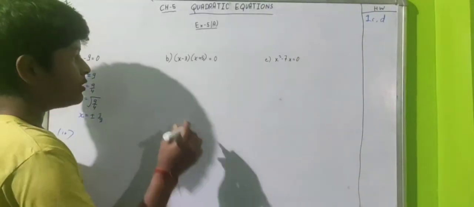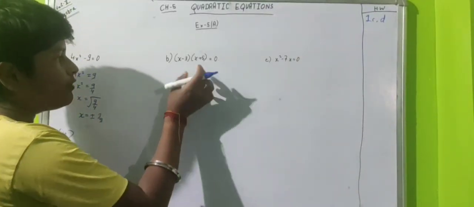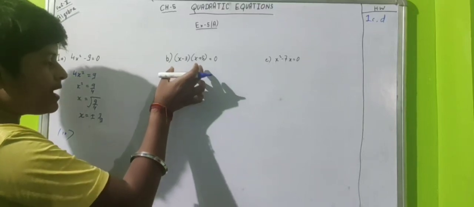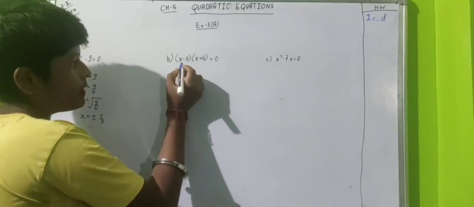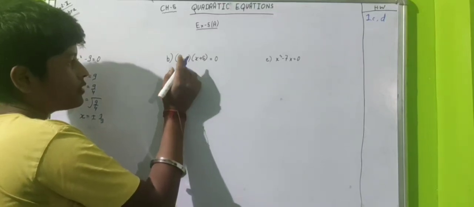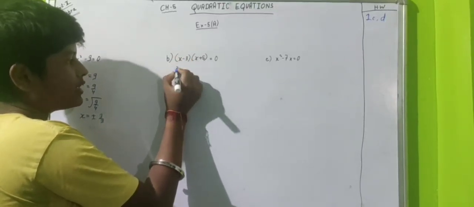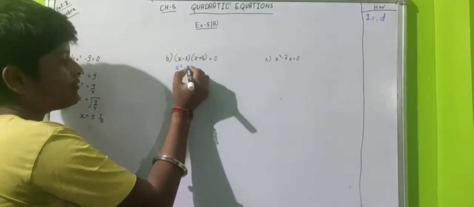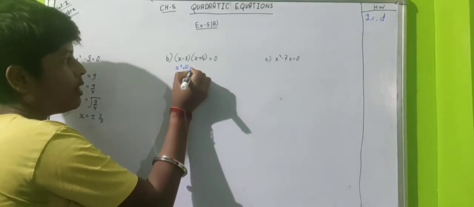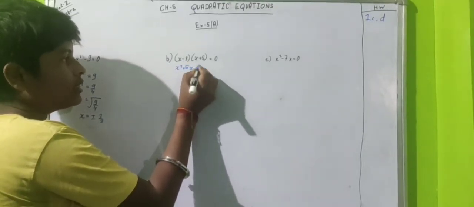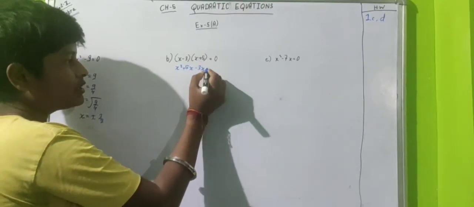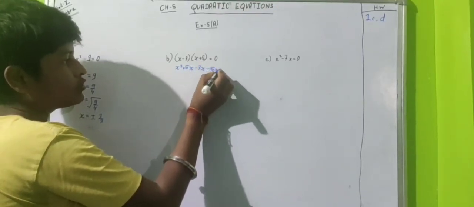Next, question number 1, part B. First we have to open the brackets and then solve these two. x with x square, x with 5x, minus 3 and x, minus 3x, and minus 3 into 5 is minus 15, is equal to 0.